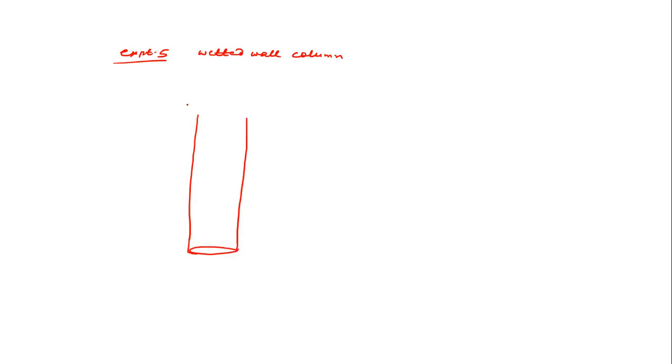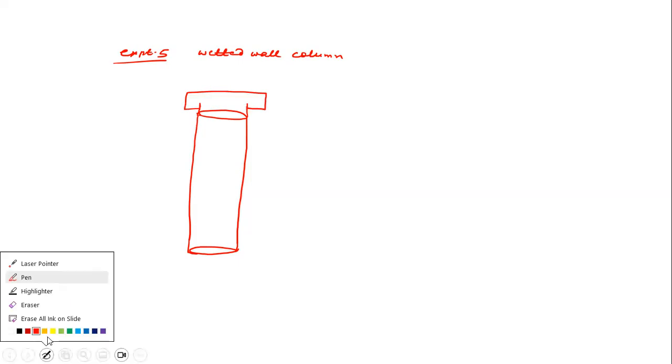In this column, the water is allowed to come from the wall. Arrangement is like this: raised portion is put in the larger portion.